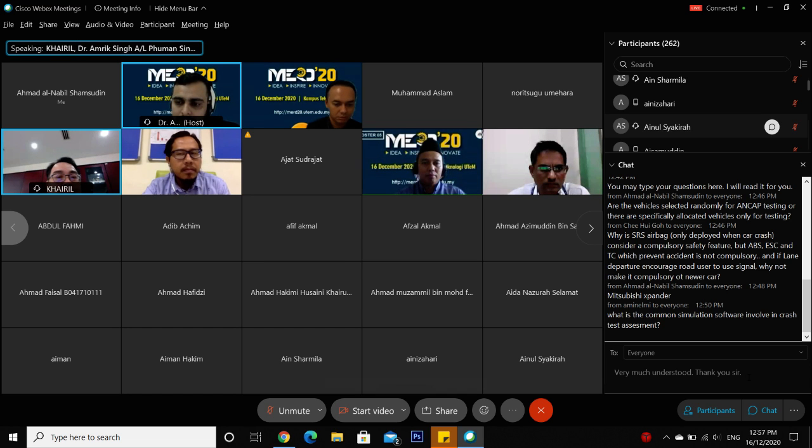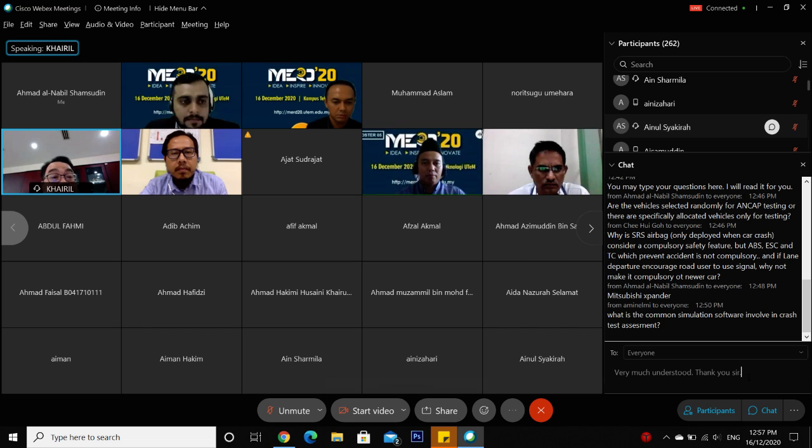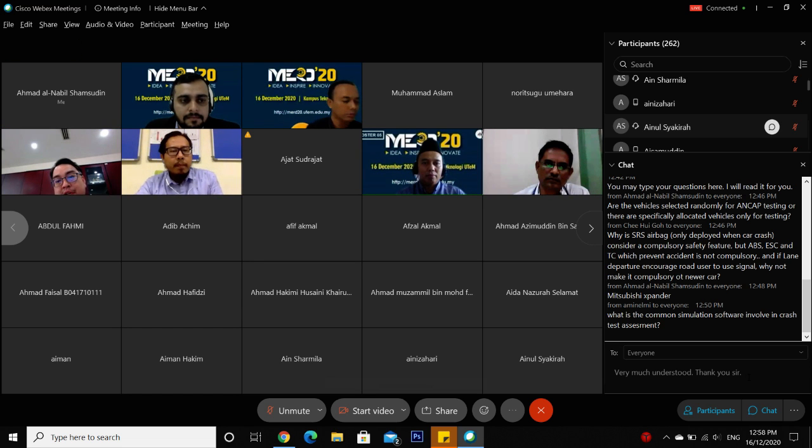So the car is not suitable for ASEAN. It's only 4 stars. It couldn't score 5. So again, we need to understand the difference between regulation and consumer approach. Regulation is whatever has been approved by JPJ, the Road Transport Department. The NCAP is what MIROS is doing, giving ratings.